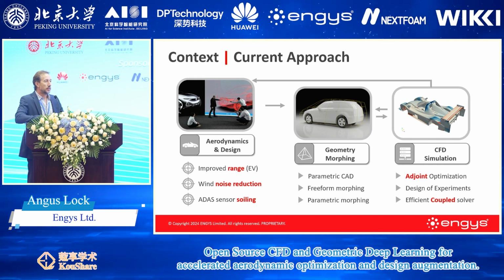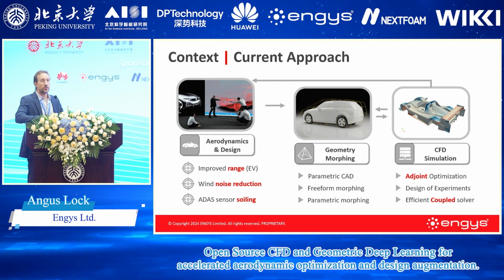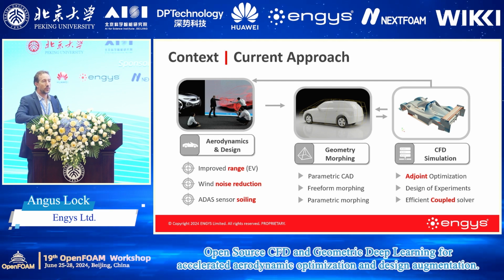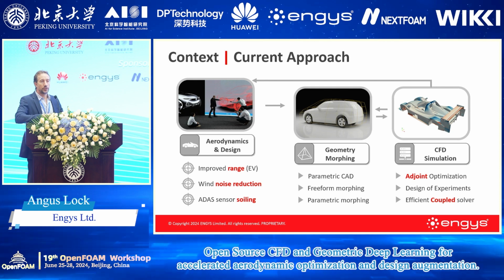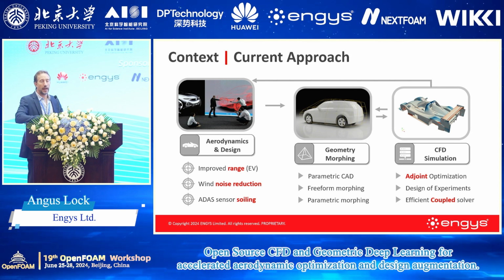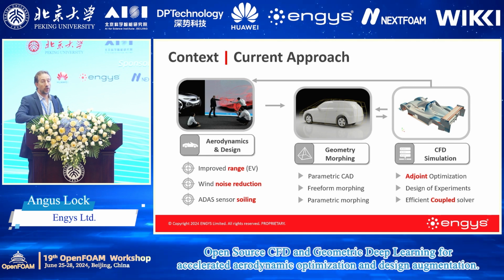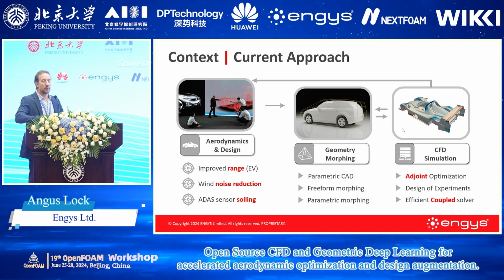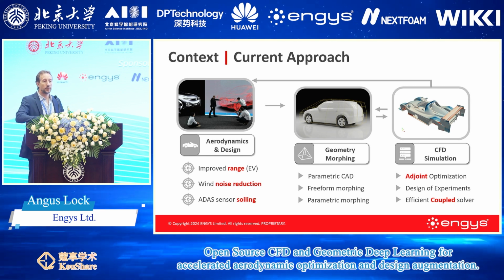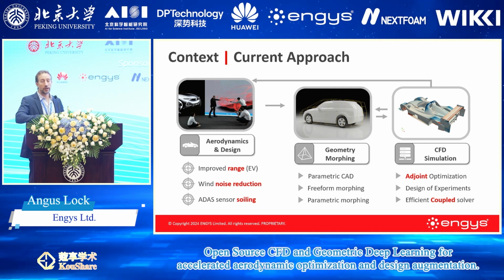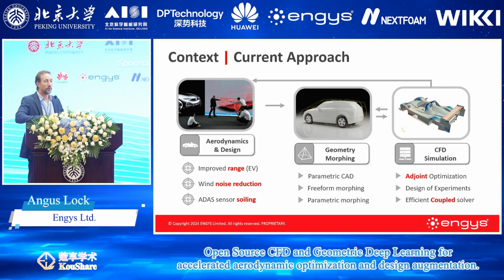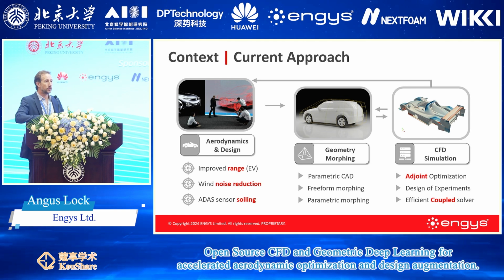The final one is ADAS sensors, advanced driver assistance sensors. These are typically a range of sensor types, from cameras to radar to ultrasound, but one common factor is that they don't like getting dirty. So we need to do more simulation work to understand the soiling effects of the aerodynamics around the vehicle on those sensors and ensure that they continue to perform well.